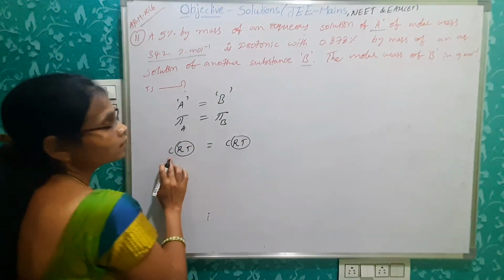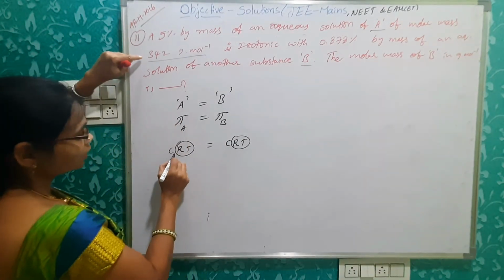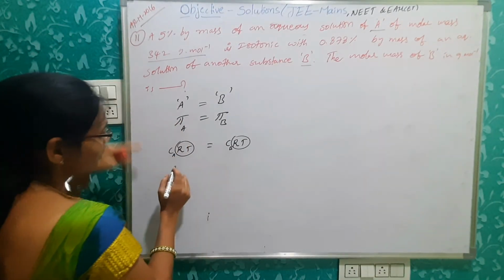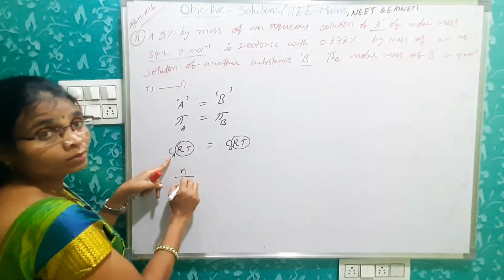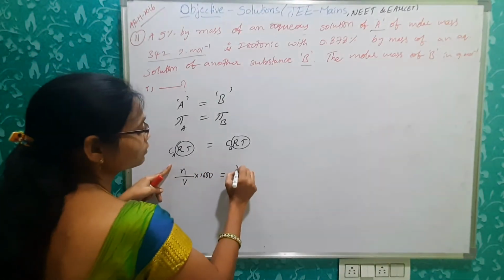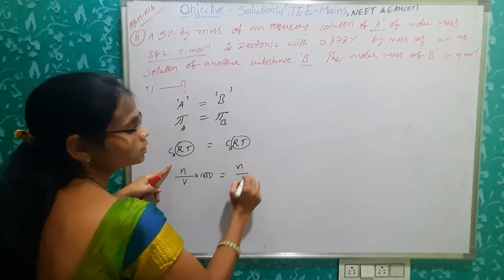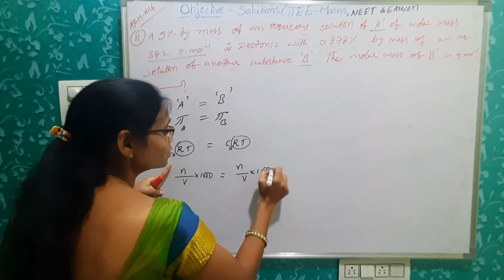Now compare the concentrations of both solutions. So this is for A, CA, equal to CB. Concentration means the number of moles of A by the volume of A in milliliters into 1000, equal to the number of moles of B by the volume of solution in milliliters into 1000.